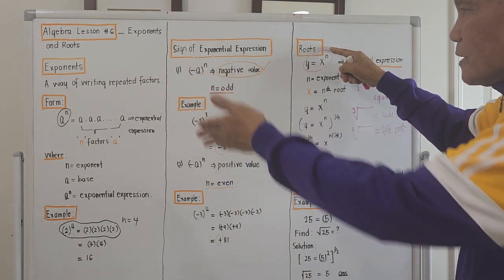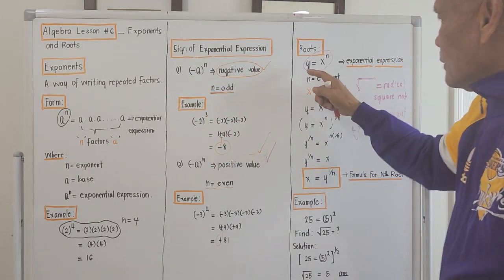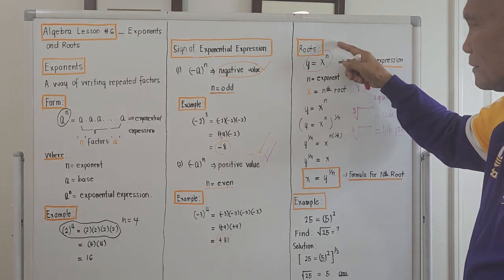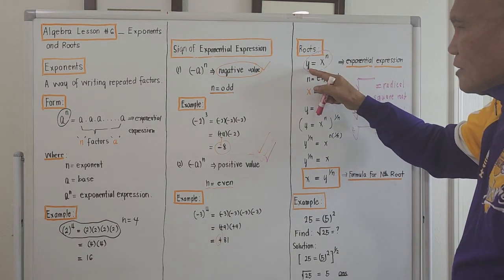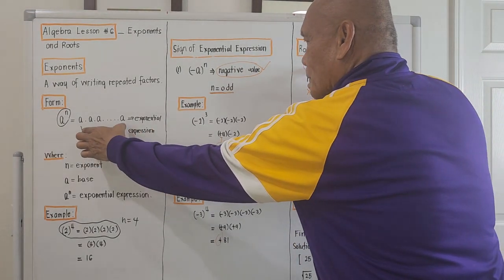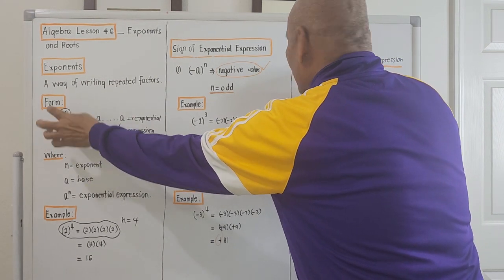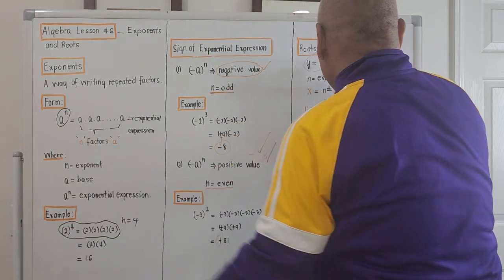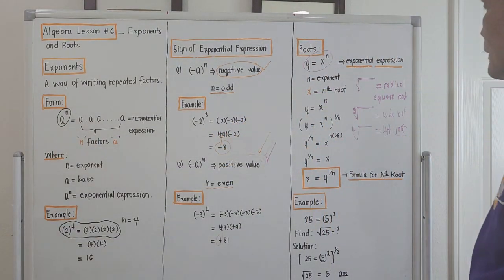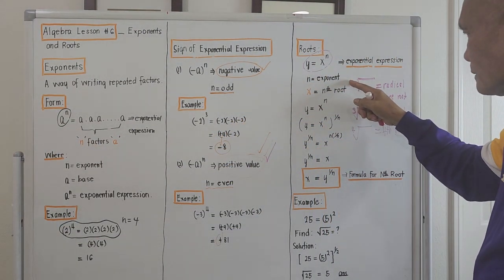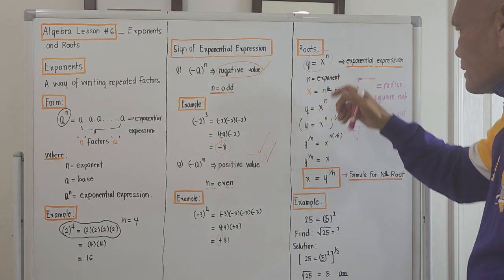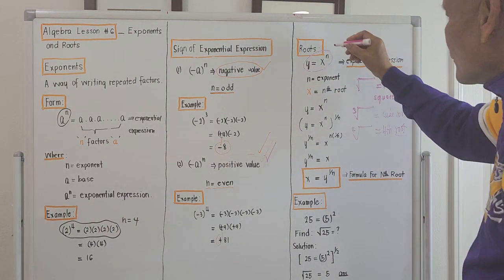Under the exponential expression, y can be written as x to the n, meaning the right hand side is the overall product of all of this, x to the n. I just replaced a here by x for the meantime. Where n is an exponent and x is actually the nth root, the root we are finding.